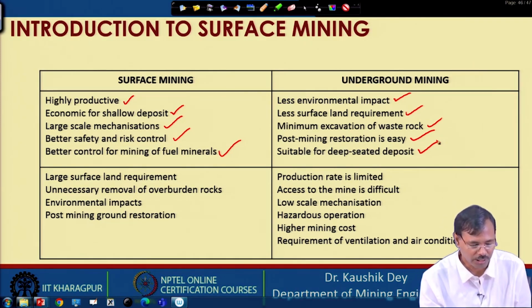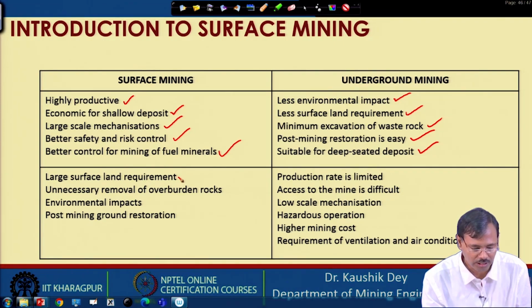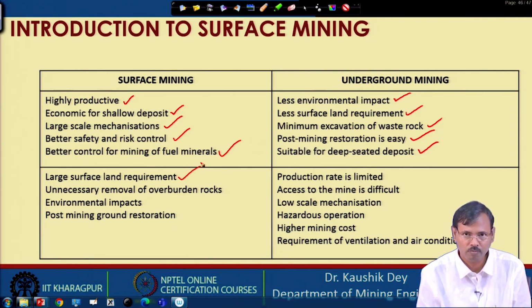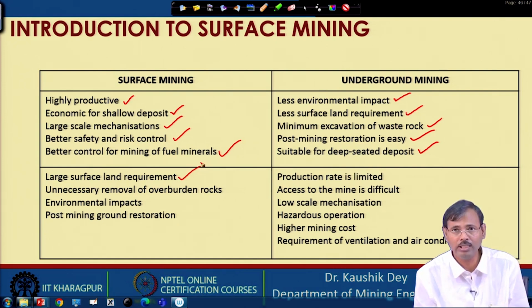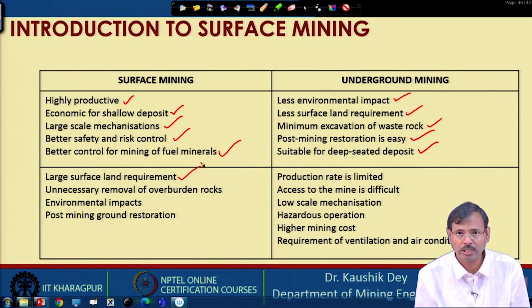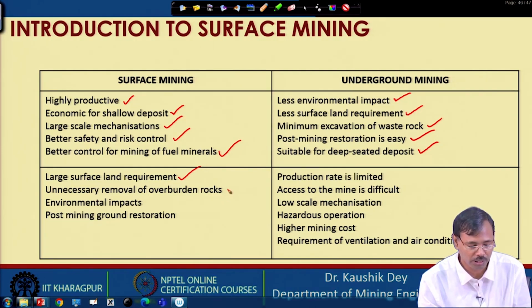So, the drawbacks of surface mining are the large surface land requirement, especially in a highly populated country or where forest land etc. are there, land acquisition is a big problem, and that is the greatest challenge nowadays in surface mining.